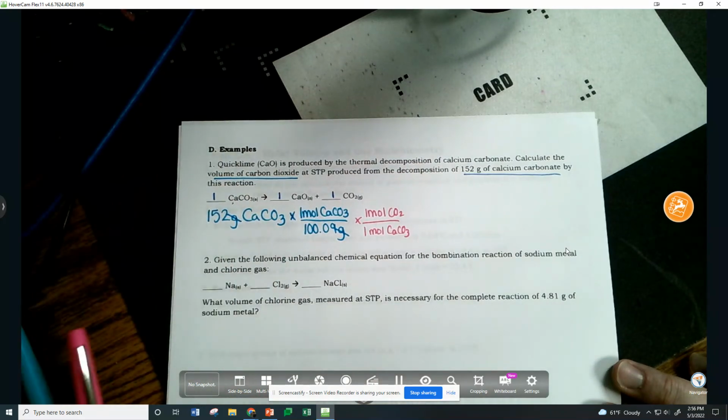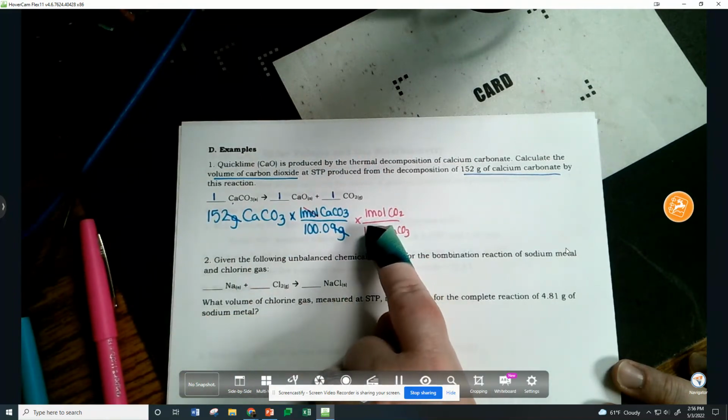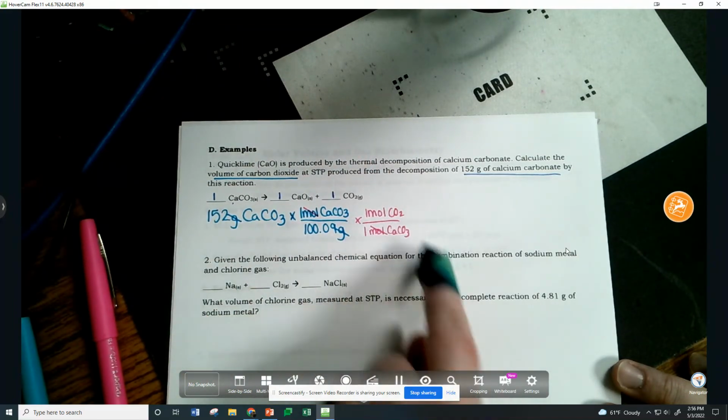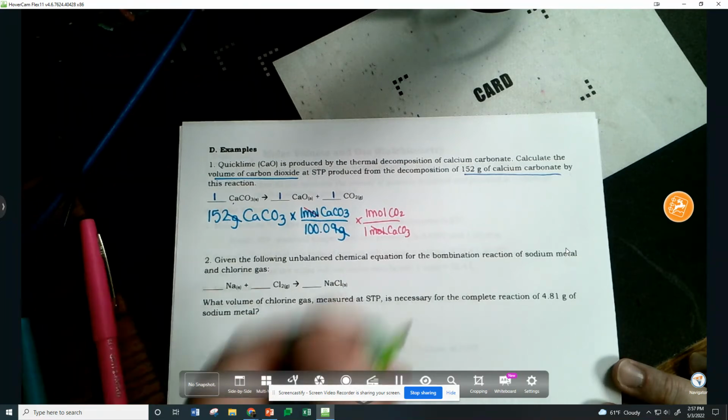If I keep track of my units, moles now cancels, and I'm now at the unit of moles of carbon dioxide. I'm not done. The problem specified that it wants volume. We know how to convert moles to a volume, moles to liters.